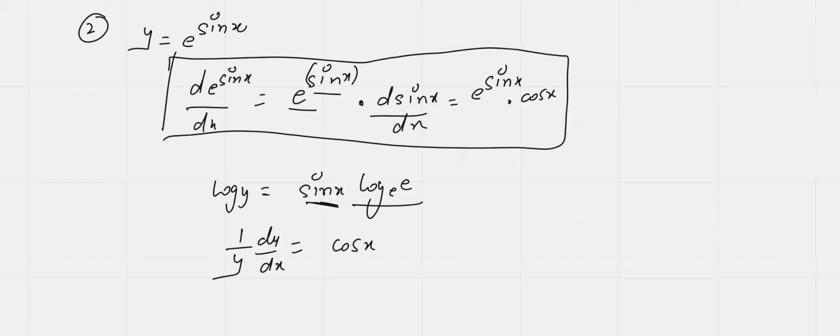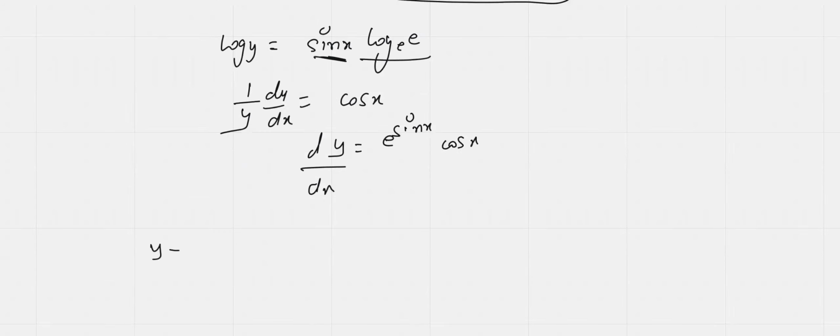So you can simply say y is the whole thing, e to the power sin x, and find dy by dx. Instead, I should write this formula as: if you have y equal to e to the power f(x), what is the differentiation? e to the power f(x) as it is, multiplied again by d of f(x) divided by dx.